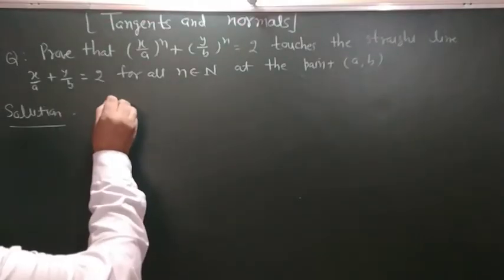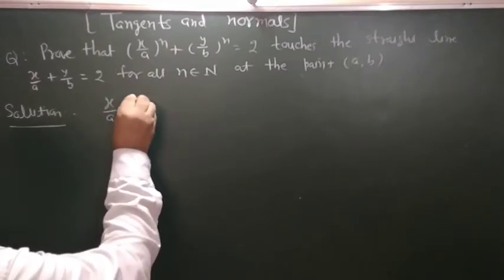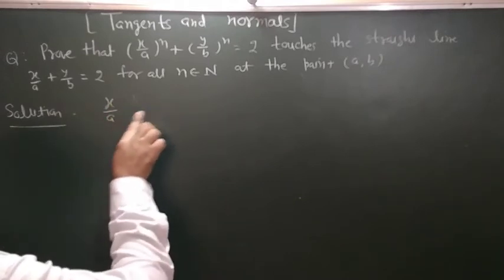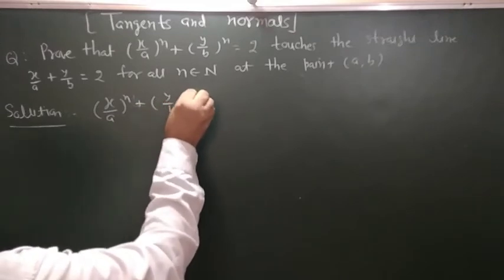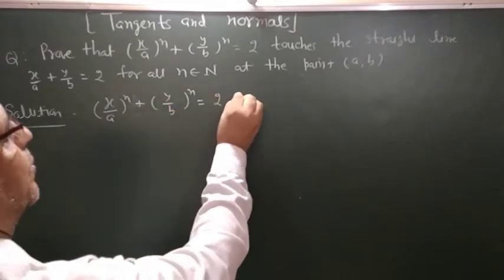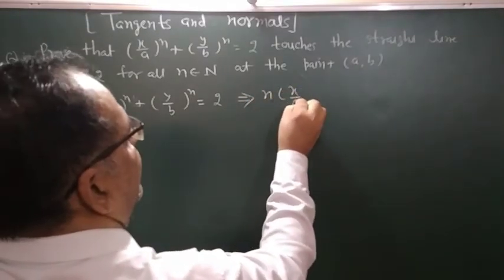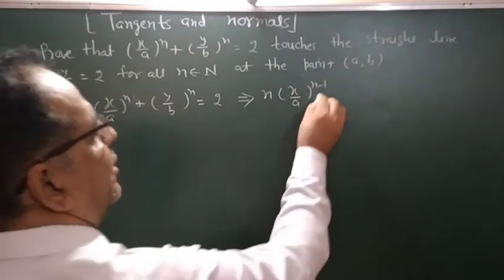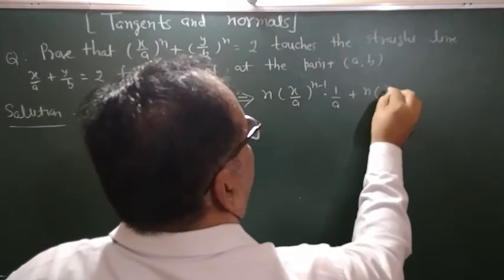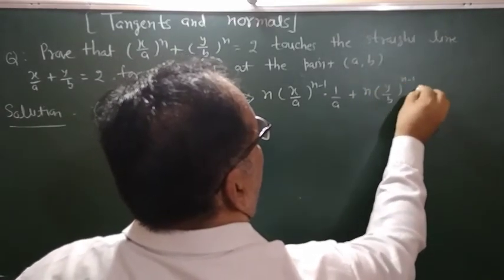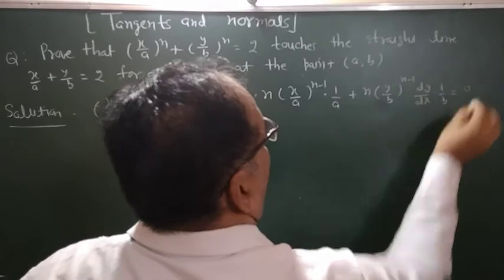So now, (x/a)^n + (y/b)^n = 2. Differentiate. So now we have n (x/a)^(n-1) into 1/a plus n (y/b)^(n-1) dy/dx into 1/b equal to 0.